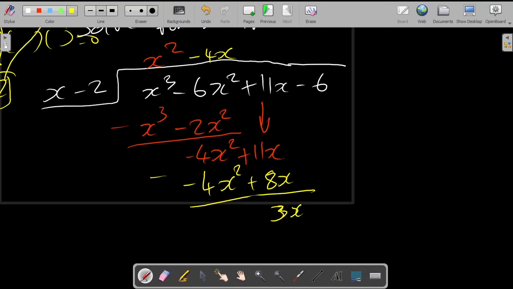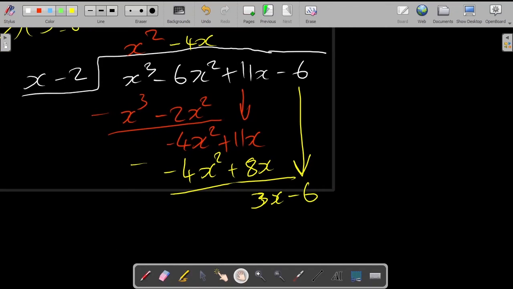And these two just cancel out, minus 4x squared minus this would be plus, and so it cancels. And once again we take this down, and finally we see how we can transform this x into that 3x, and to do that just multiply by a positive 3. So that will be our other factor at the top.